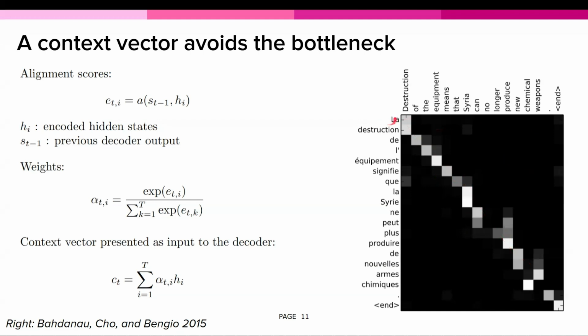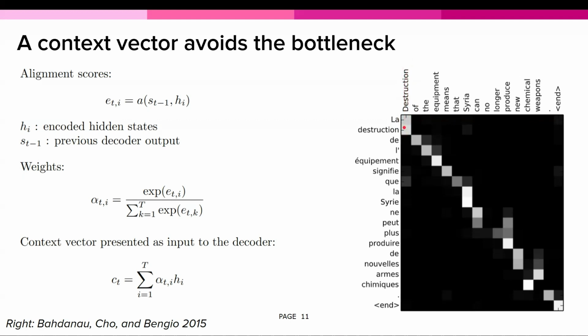And so for every word in the output sentence, we're going to compare it to every word in the input sentence and figure out which words in the input sentence we should be paying closest attention to. For example, for destruction, we want to pay closest attention to destruction. That's the word that's most important for being able to do that translation.